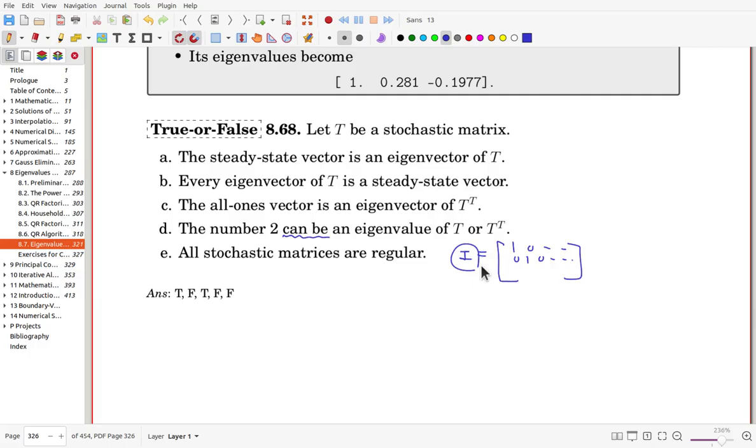But if you multiply it k times, no matter how many, it's always the identity. That cannot have all entries positive. So this is a stochastic matrix, but not regular. So it is false. This is the simplest, easiest example. Okay.